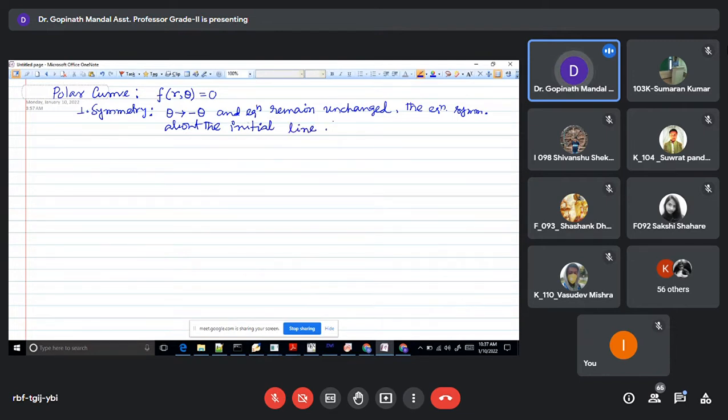Initial line means theta equal to 0 degree. So if you change theta by minus theta and the same equation remains unchanged, then it will be symmetric about the initial line theta equal to 0.